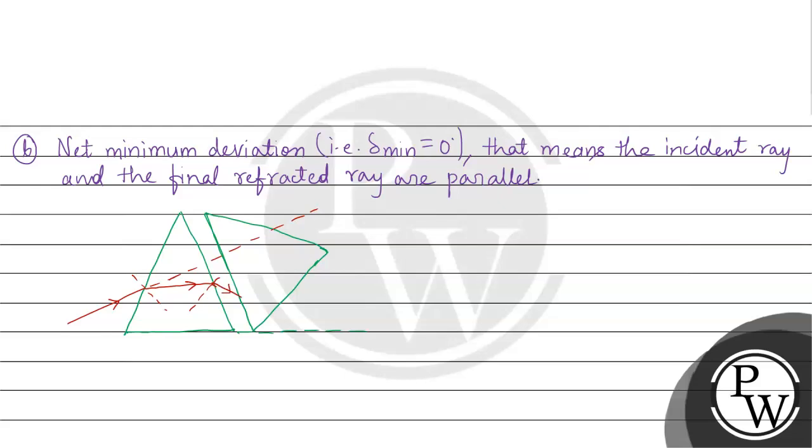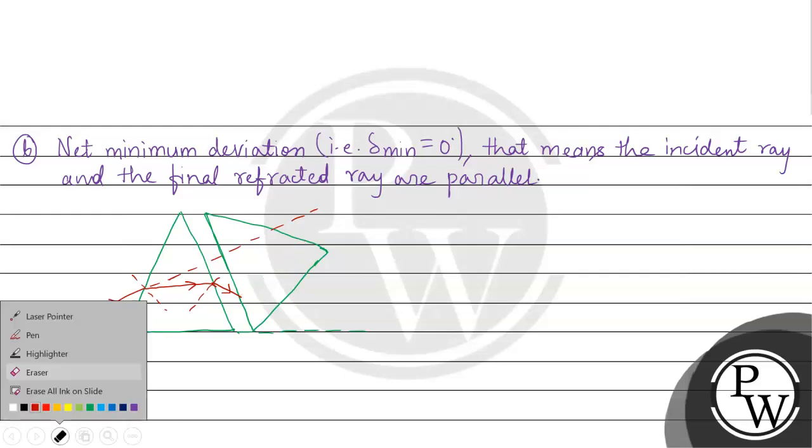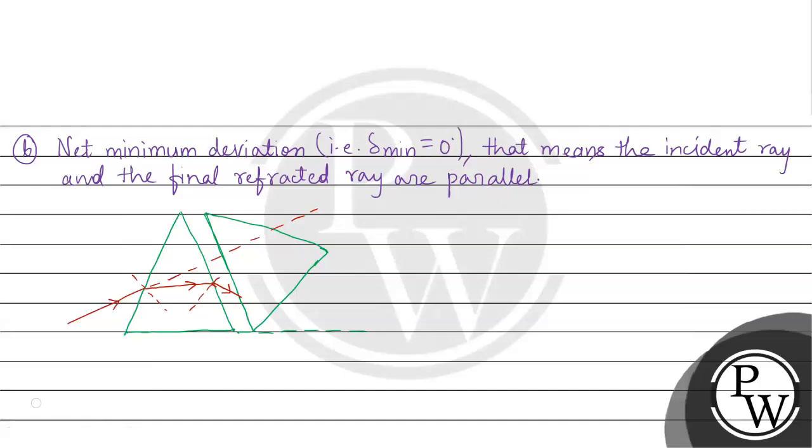Again यहाँ पर रे बेस से पैरेलल. तो सेकेंड प्रिज्म में भी आपका मिनिमम डेविएशन हो रहा है. So यहाँ पर सेकेंड प्रिज्म में भी बेस से पैरेलल like this. Again normal, and finally रे ऐसे करके. ये दोनों रे पैरेलल होना चाहिए.